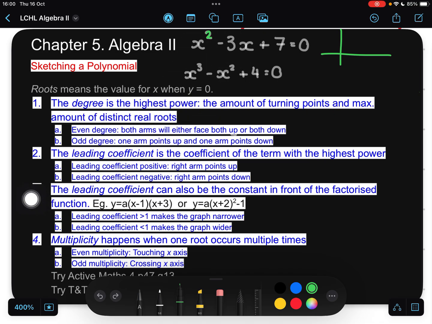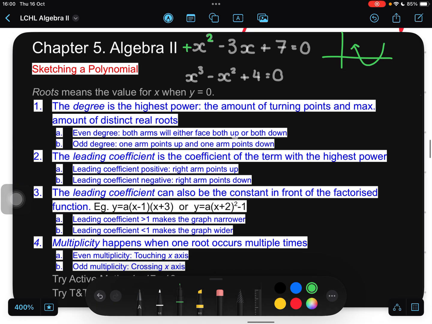If it is of even degree, look at our quadratic. This is our positive quadratic, because it had a positive leading coefficient, so it was a smiley face quadratic, both arms face up. If it was negative instead, then it would have been a sad face quadratic, and we would have had both arms facing downwards.